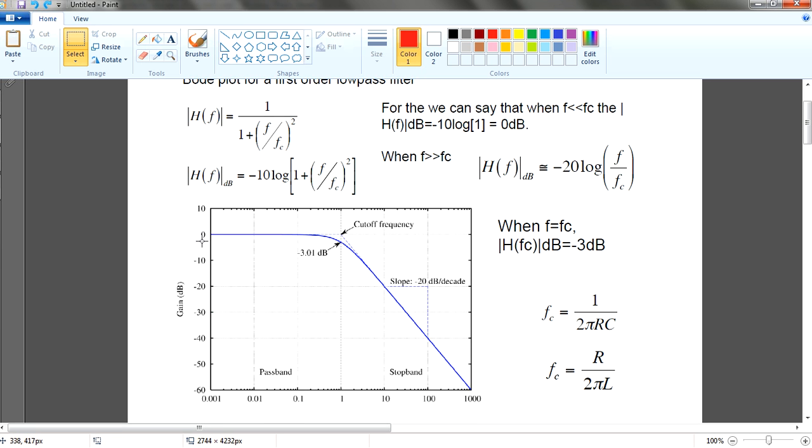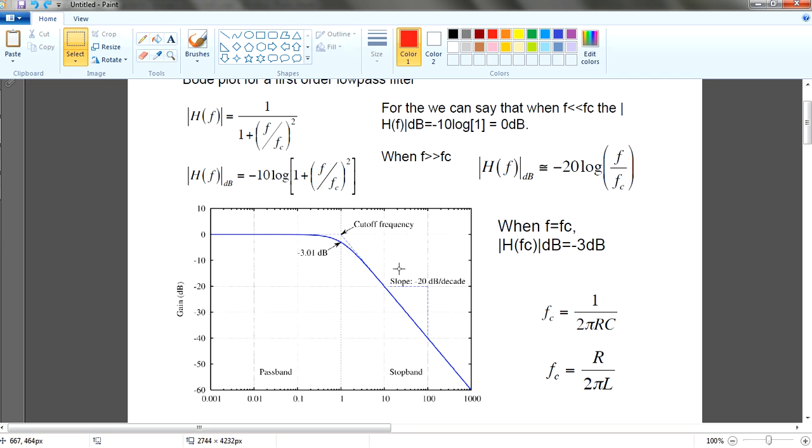You have a curve that starts from 0 and then goes down. This graph is for this phenomenon over here. By right, if it's minus 10, you should have a minus 10 slope also. Because it's a minus 10 log, you should have minus 10 decibels, if I'm not wrong.